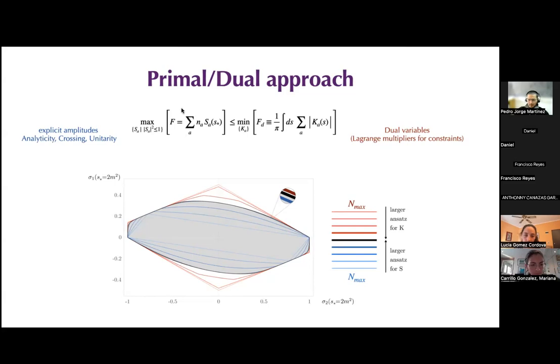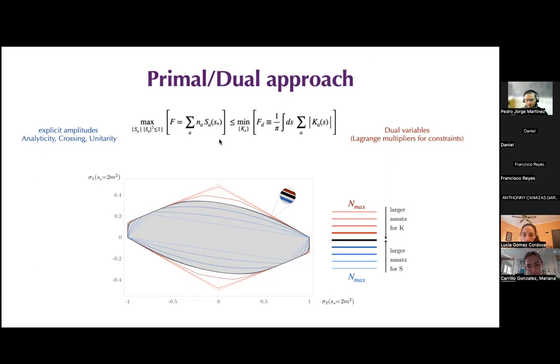And in this primal approach, you explore the space from the inside by constructing amplitudes that are already analytic, crossing, and unitary. So you get maybes, or yes. You can get something that satisfies all these conditions inside.